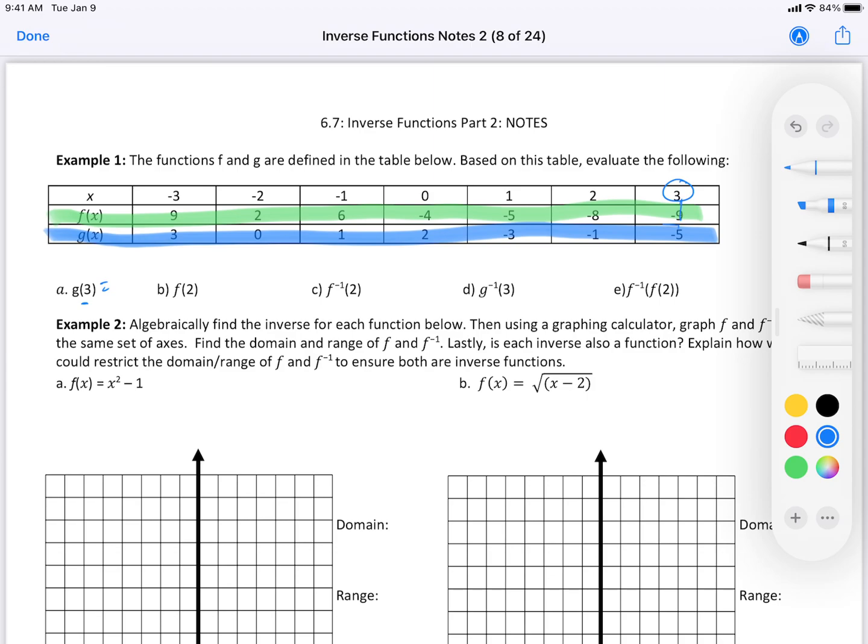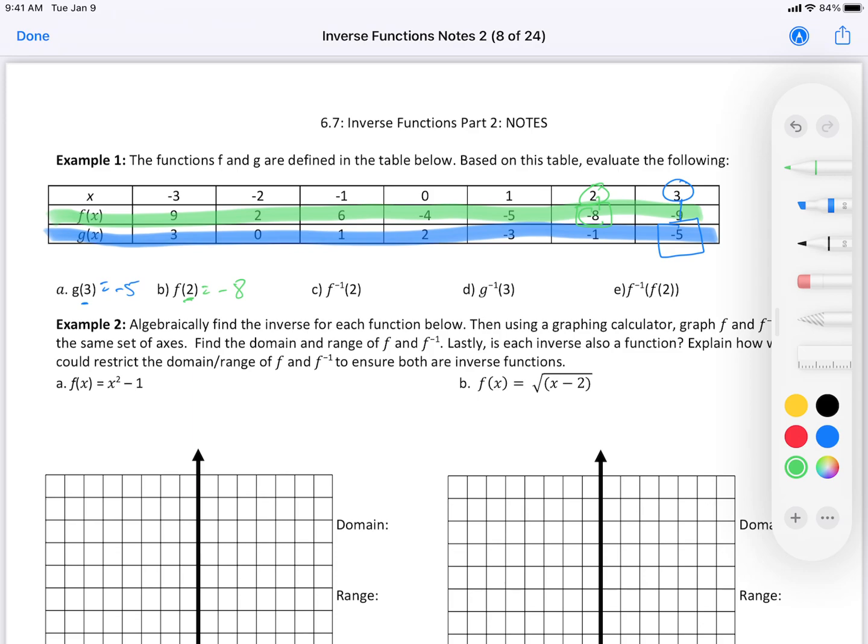The output at 3 is -5, so g of 3 is -5. This is just a review of how to read these tables. If I want to find f of 2, my input is 2, so I go to 2 and evaluate f at 2. At 2, f equals -8.